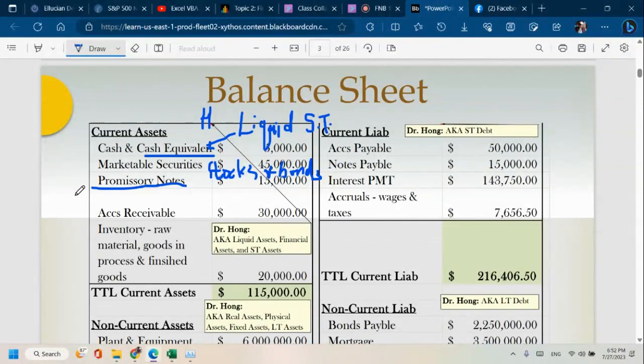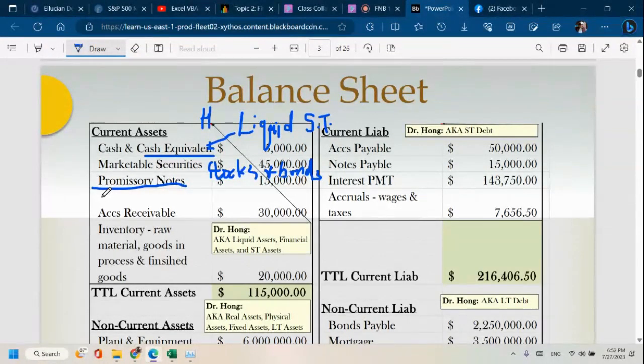short-term debts, right? Now, the term promissory notes, from the name, you can tell, oh, it's something like a promise to pay. Shouldn't it be something like that? Yes, it's an IOU.